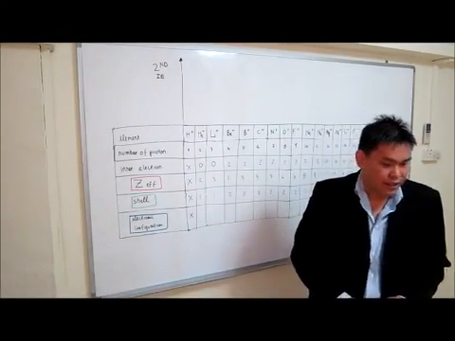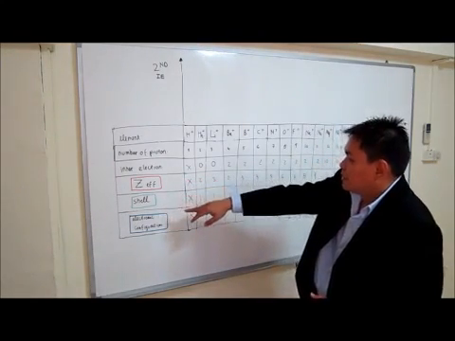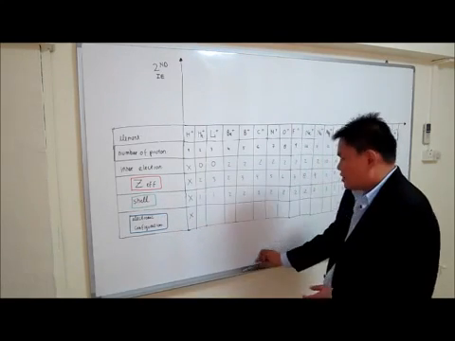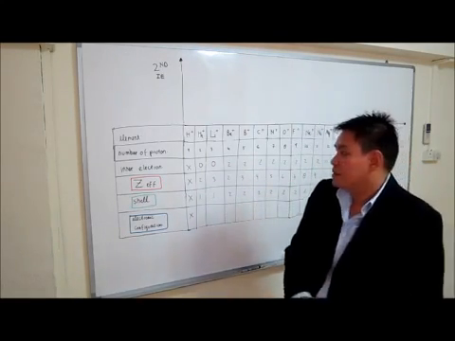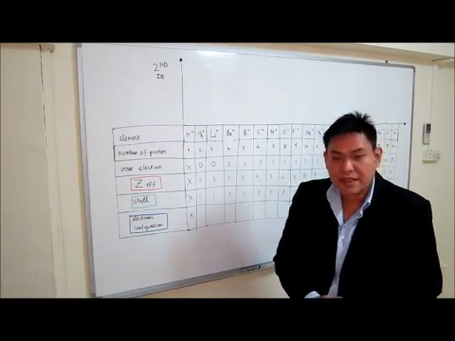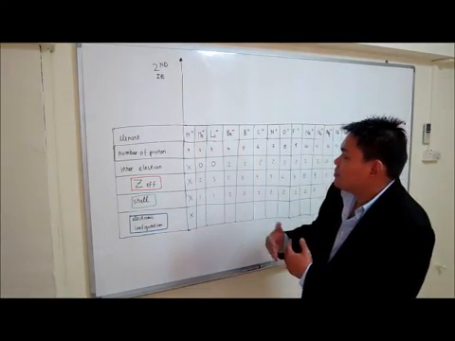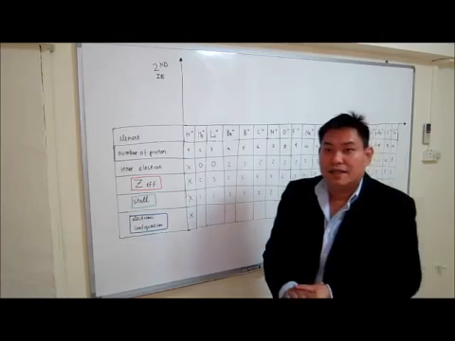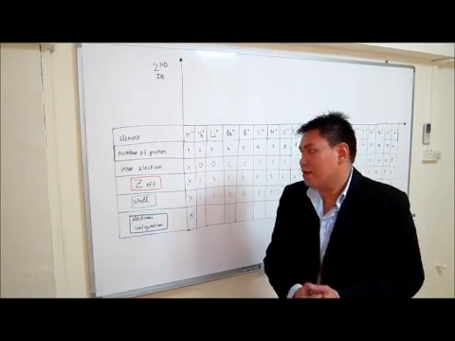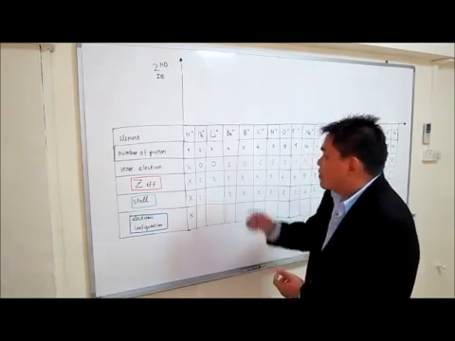Now my explanation of how this affects the second ionization energy. If you have more electron shells, the ionization energy will be smaller, because ionization energy is a measurement of how difficult or how easy it is for you to remove the electron from that cation.